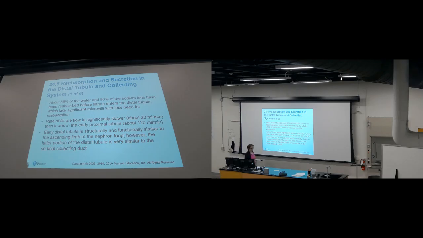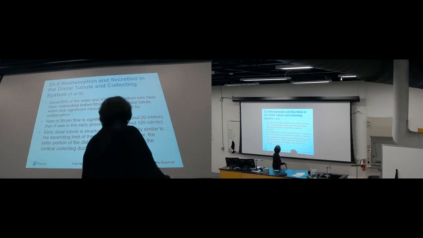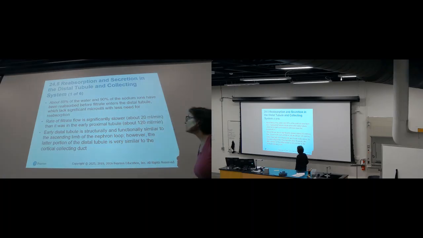So up to this point, you have 85 to 90% of the sodium being reabsorbed, and then the rest will enter and go into the distal convoluted tubule, where you have the same epithelium, simple cuboidal, but with less microvilli.